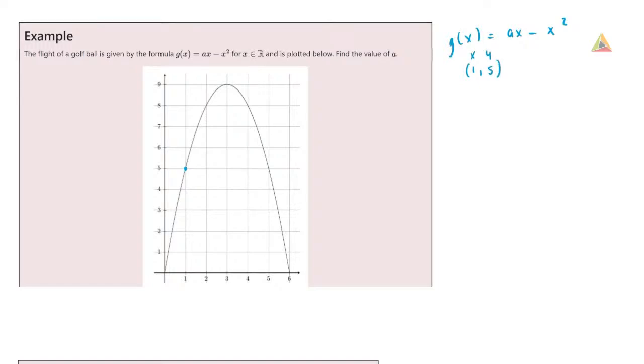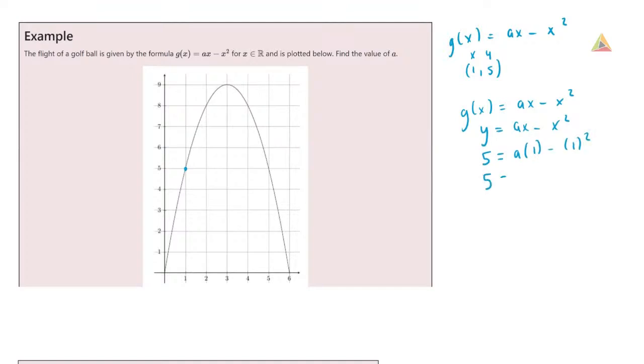So what I'm going to do now is plug that into this rule and we'll get a corresponding value for a. So what we have is g of x is equal to ax minus x squared. Another way of writing g of x is writing y is equal to ax minus x squared. So instead of y, I'm going to put in 5. So 5 is equal to a by, so my x value is 1, minus 1 squared.